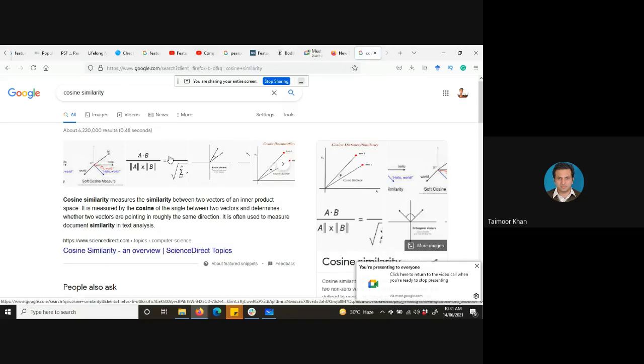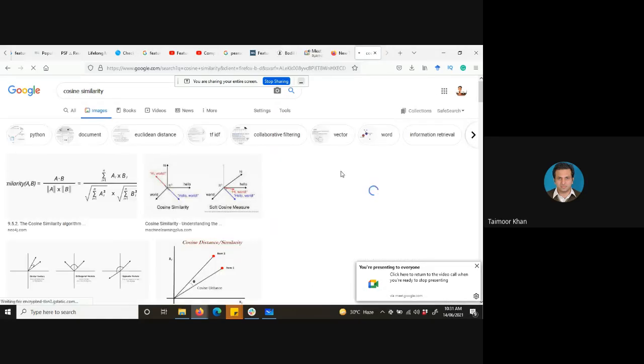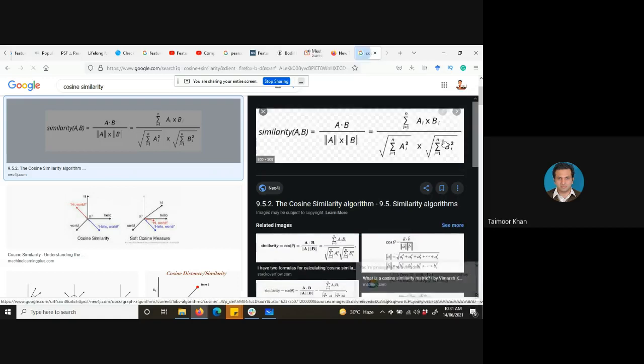So this is the formula for cosine similarity. We have the product of A into B, just like we did in the numerator, and the denominator is the square root of the sum of squares of both the vectors.